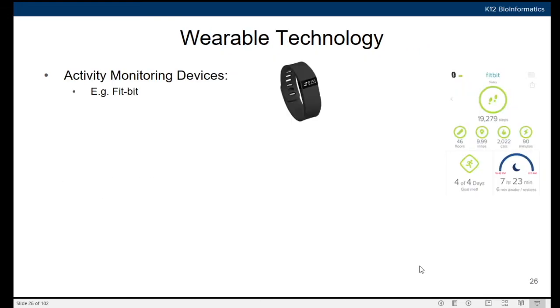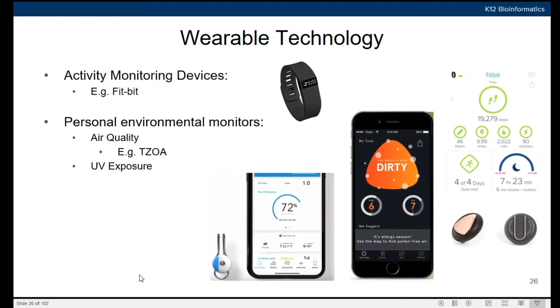One way to extend the ability of smartphones to collect data is to pair them with other wearable technologies. One example of this is the well-known Fitbit for activity monitoring. But there are other wearable devices that can, for example, measure air quality or UV exposure.